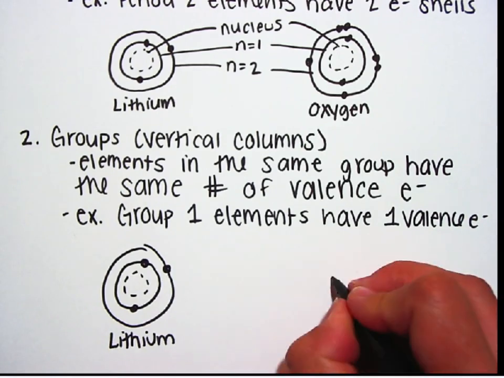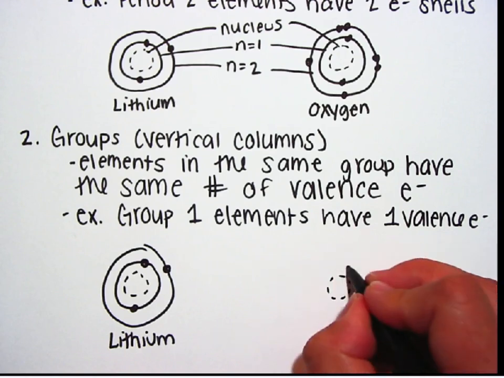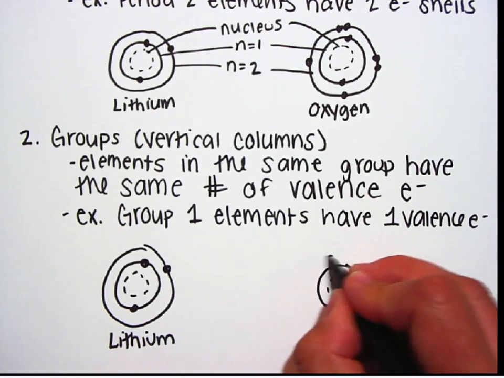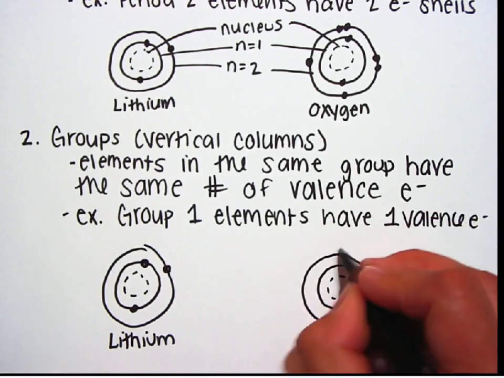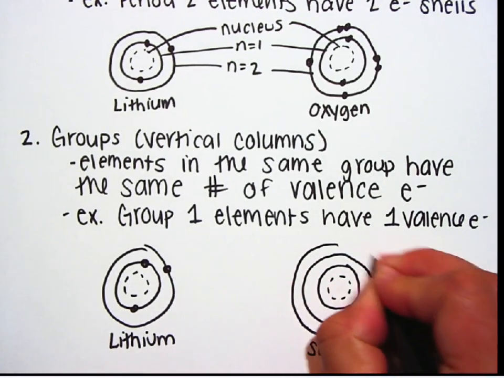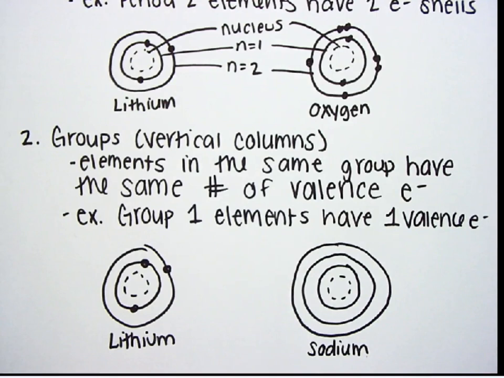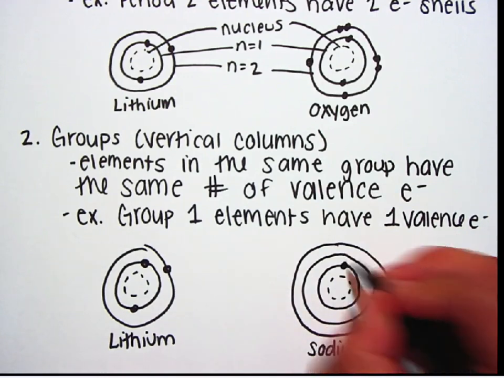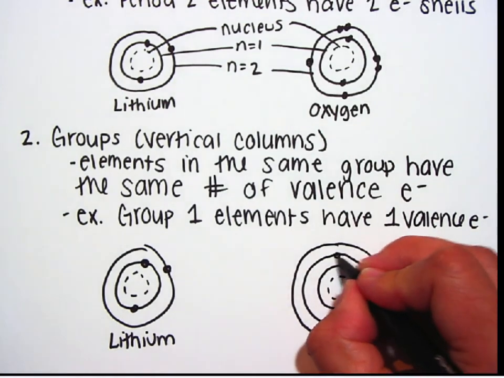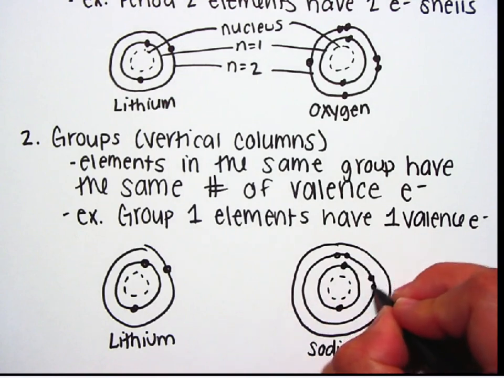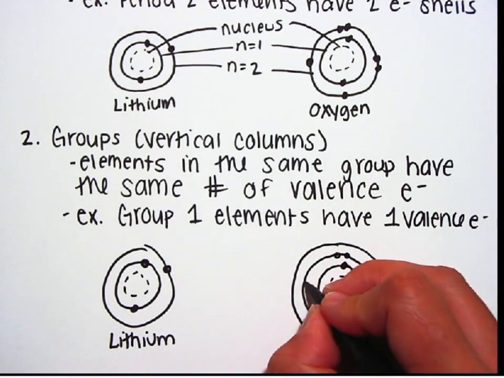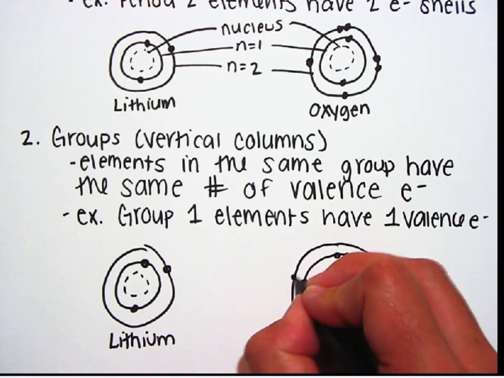Sodium is in period 3. That means it has 1, 2, 3 electron shells. Sodium is atomic number 11. 2, 4, 6, 8, 10, 11.